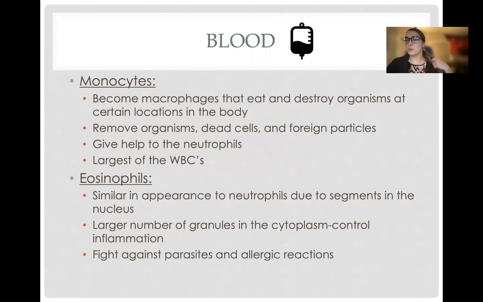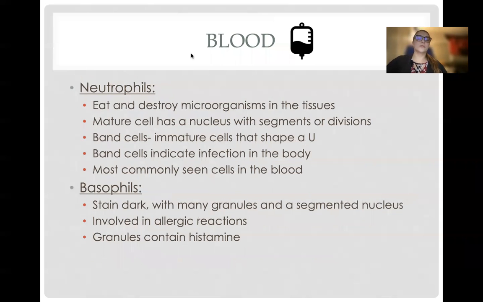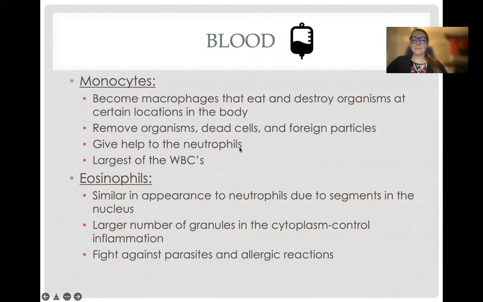Think of like if they got a wound and there was foreign dirt and particles present in that area. They're going to also help the neutrophils, which again, as we know, are kind of the main white blood cells that we're going to see in the blood. So they'll work together. And monocytes are actually the largest of the white blood cells. So when we see them on an interpretation, they are going to be significantly larger than the others.